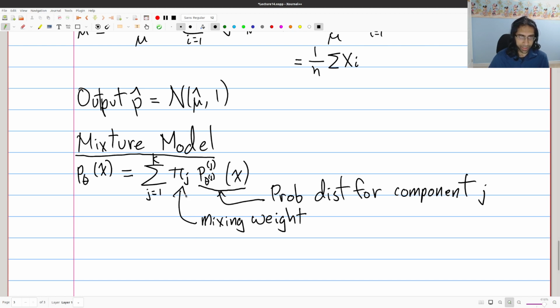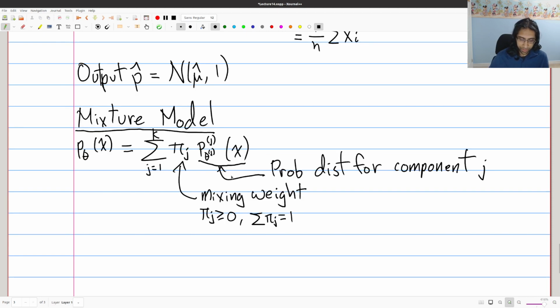They're essentially a probability distribution over the numbers 1 through k. So pi j is greater than or equal to 0, and the summation of pi j is equal to 1. These are the two things you need for a probability distribution. So this is our density. It's basically a linear combination, or a convex combination, of a bunch of different probability densities.